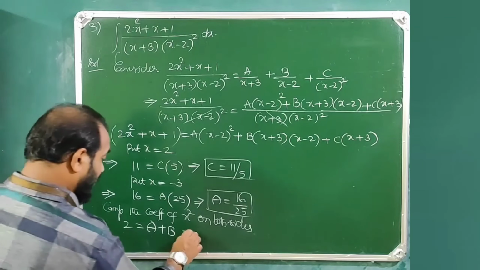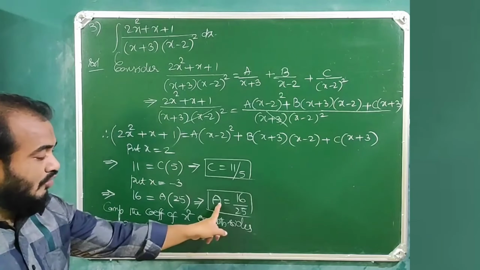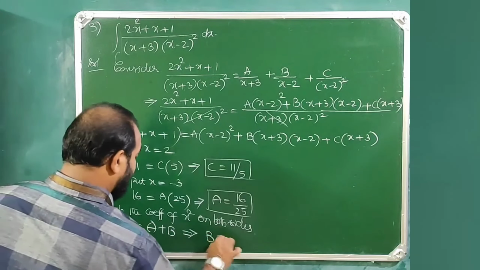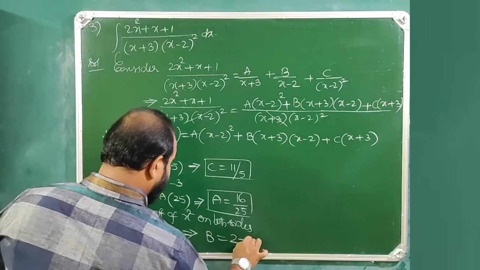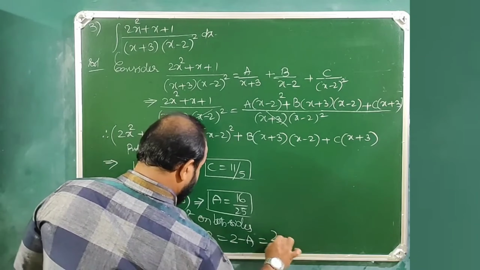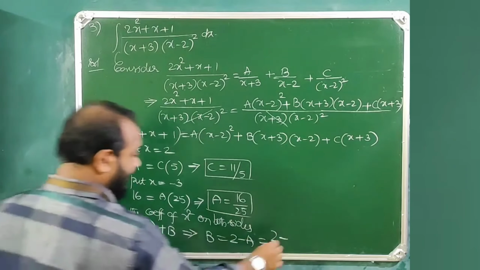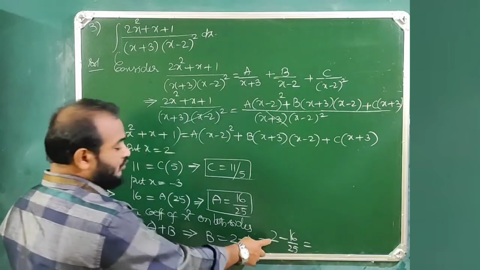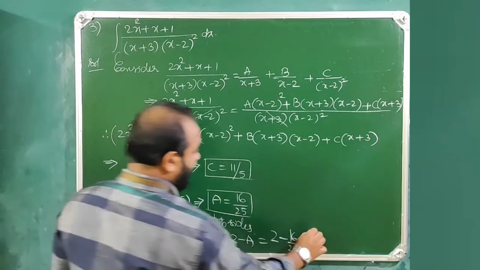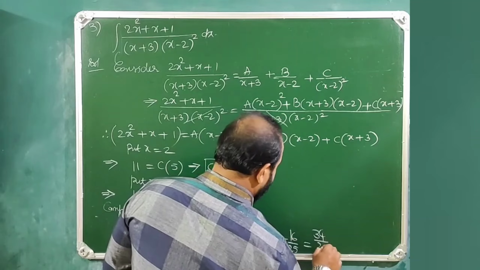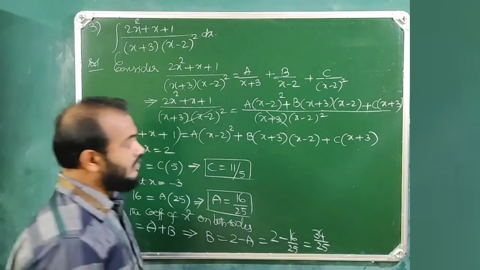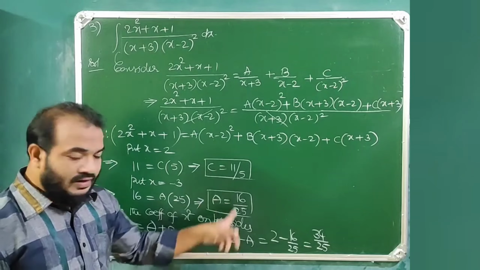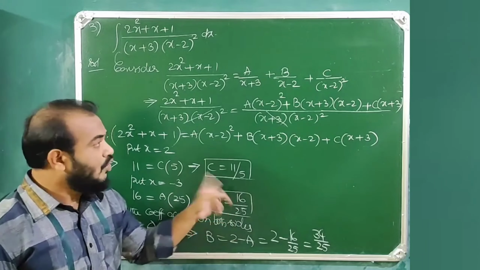We already have the value of A, so B equals 2 minus A, which is 2 minus 16 by 25. 25 twos are 50, 50 minus 16 is 34 by 25. So the values of A, B, C are what we got.